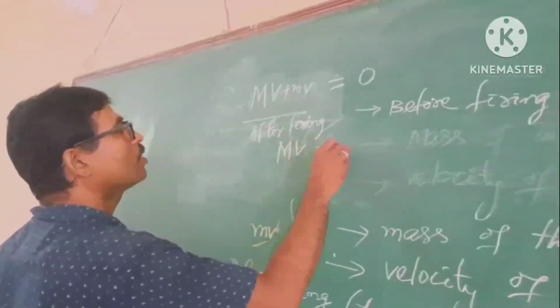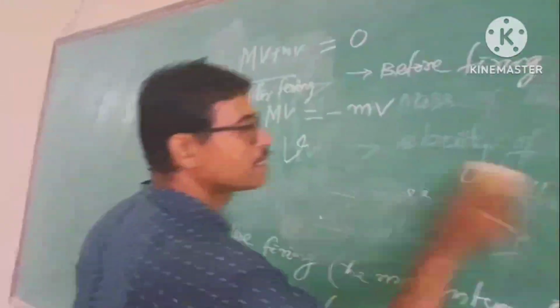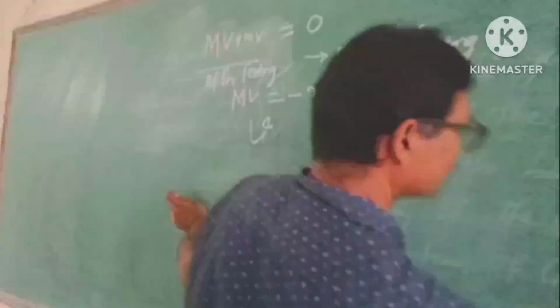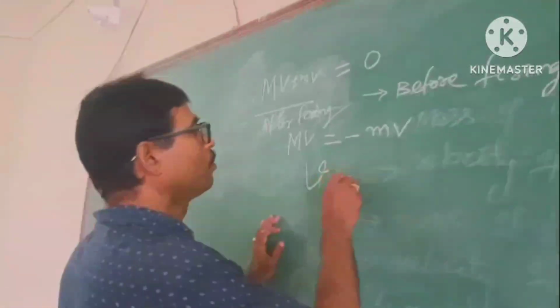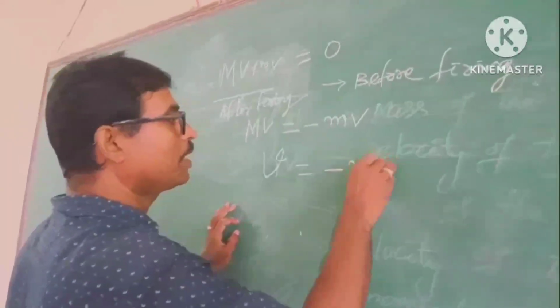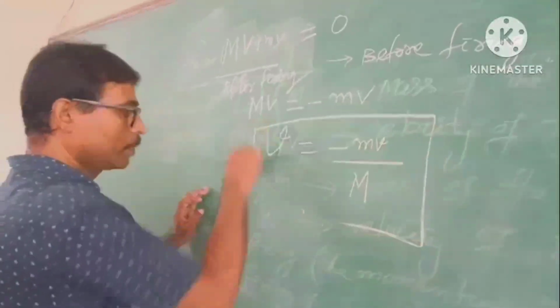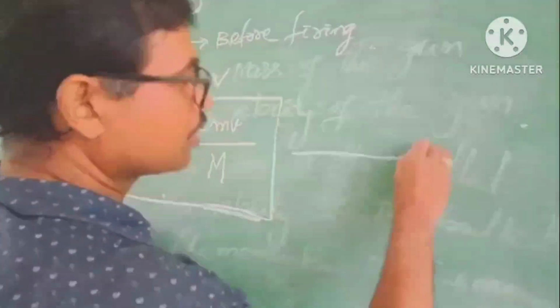MV is equal to minus mv. So capital V is equal to minus mv by M. Suppose this is equation 2.